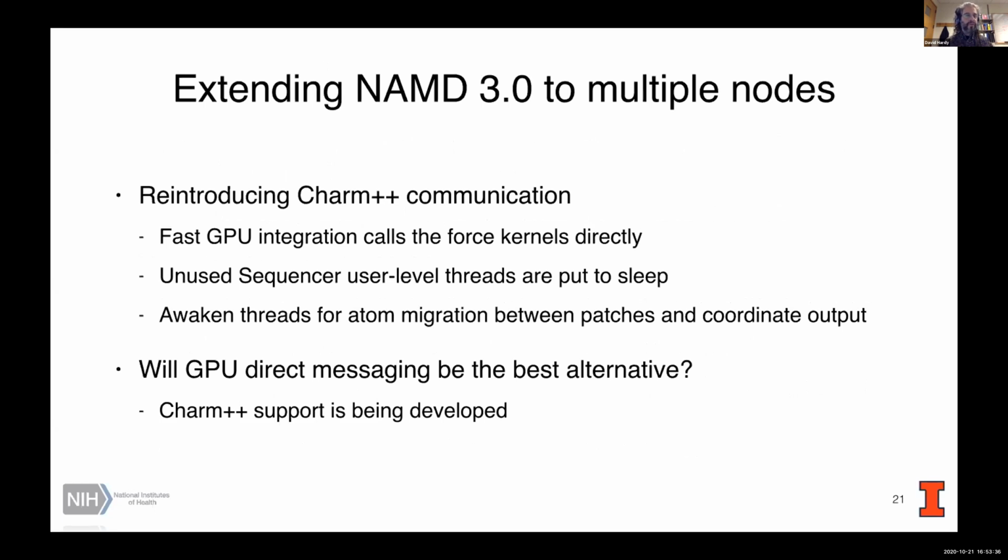Now, in terms of extending NAMD3 to multiple nodes, we're interested in reintroducing Charm++ communication.